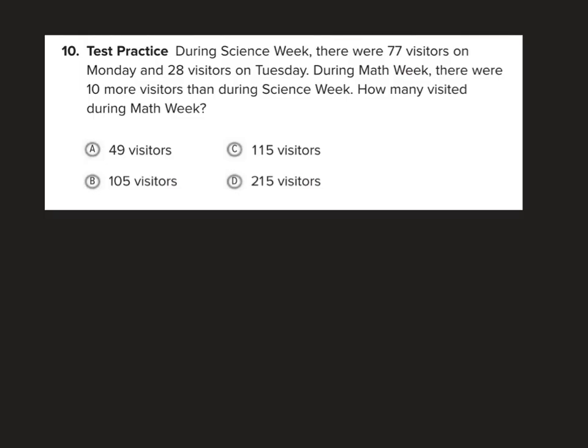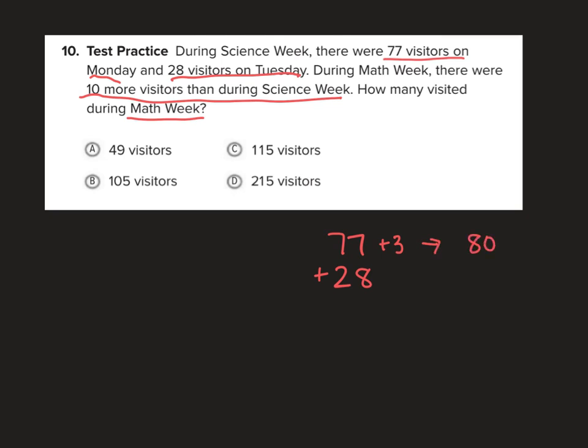Okay, test practice. During Science Week, there were 77 visitors on Monday, 28 visitors on Tuesday. During Math Week, there were 10 more visitors than during Science Week. How many visited during Math Week? So I'm taking 77 plus 28. Now this is kind of a whatever you'd like to choose. I'm noticing that if I add 3, I'm going to get 80. And if I subtract 3, I'm going to get 25.